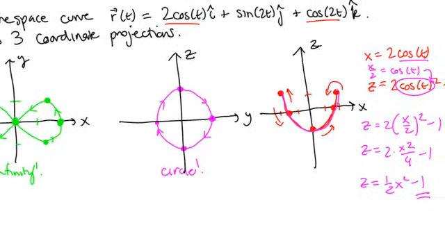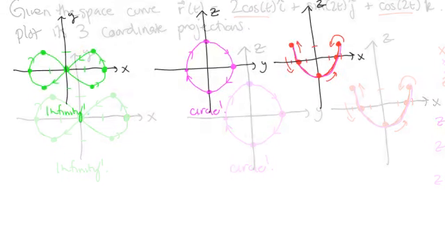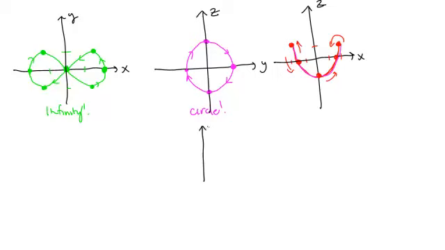What would happen if we tried to put these three pictures together? Could we? Imagine I were to have the z-axis pointing up and the x and y axes forming their plane at the bottom. If I'm staring straight down the z-axis, I see a shape tracing out an infinity curve over and over and over again.